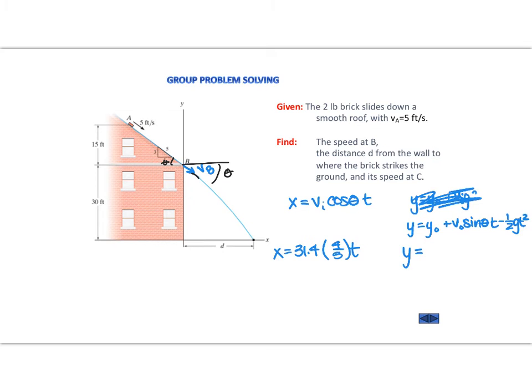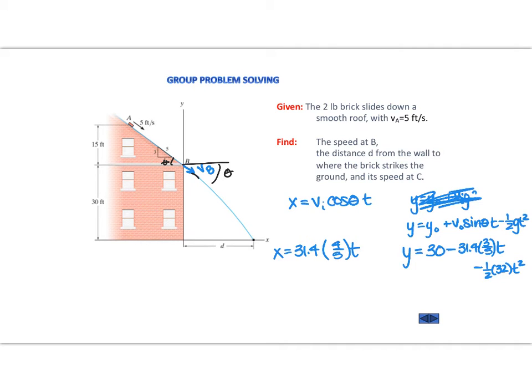In the y equation, my initial y is 30. The y velocity is negative. It's 31.4 times 3/5, the sine of theta, and minus 1/2 times 32 t squared.